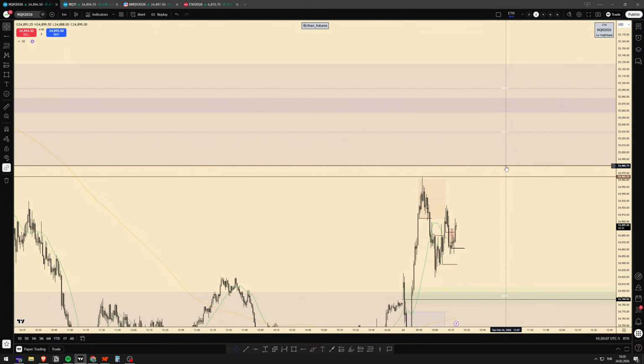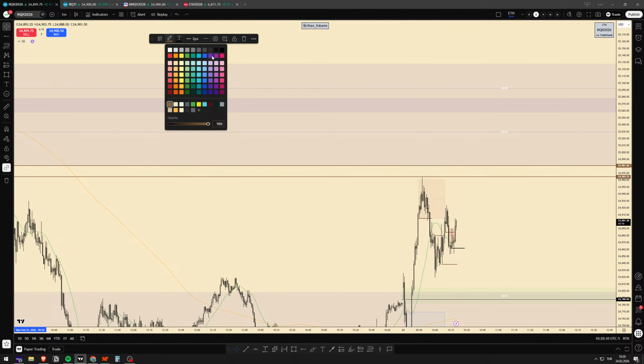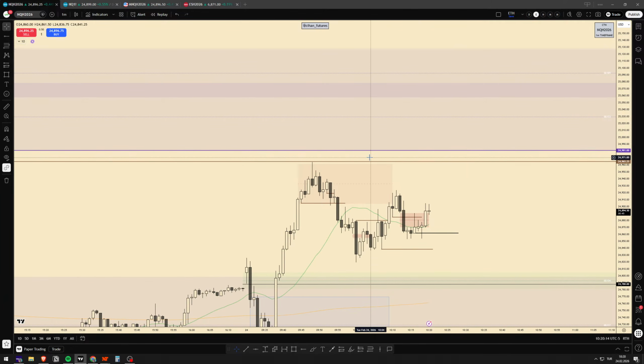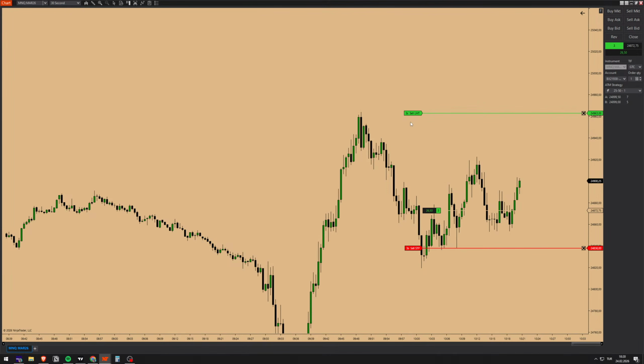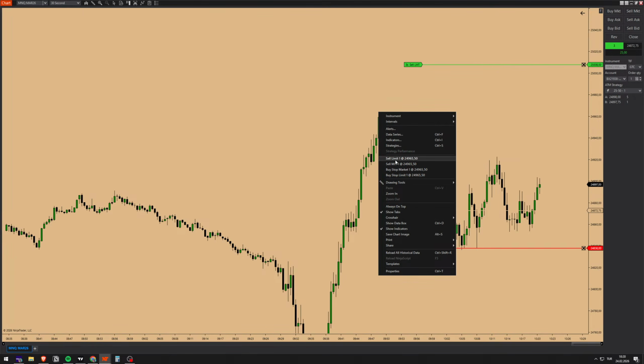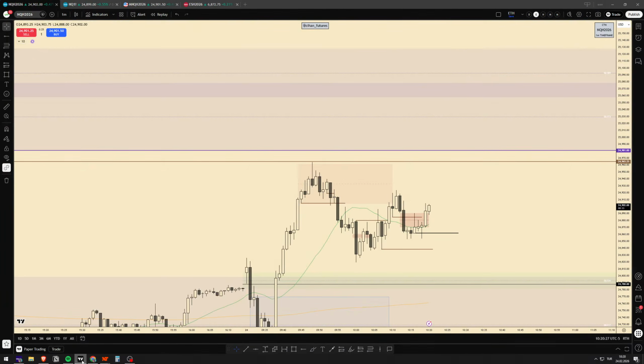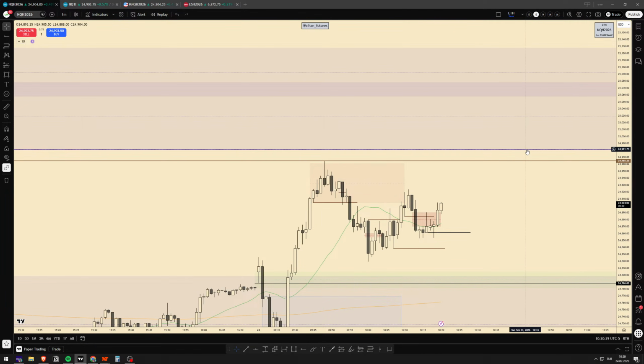Good for partial. Right, 81 level. So one partial over here, right at this high, and another partial on 81.